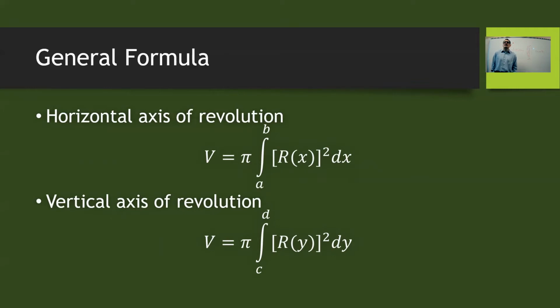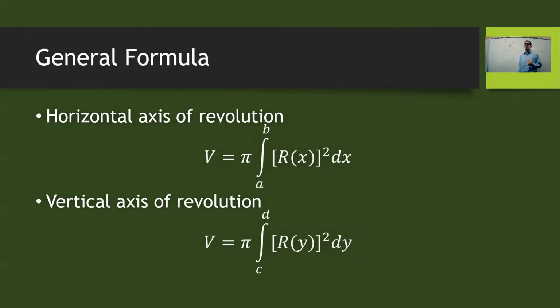Now, obviously, I rotated my picture. In my picture, I rotated around the x-axis. If you rotate around a vertical axis, then you have to do everything with respect to y rather than with respect to x, because the change in those little widths of the disks are going to be y values rather than x values.